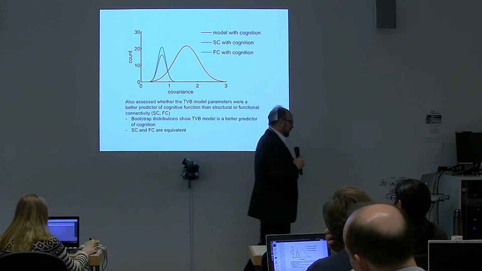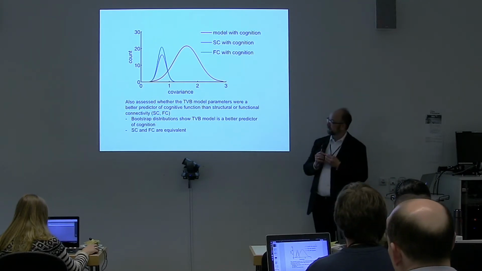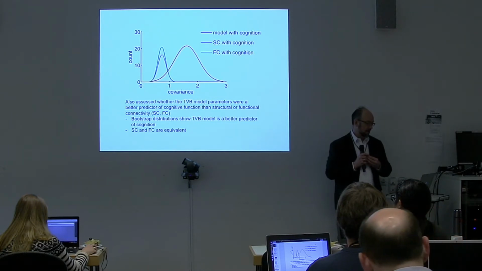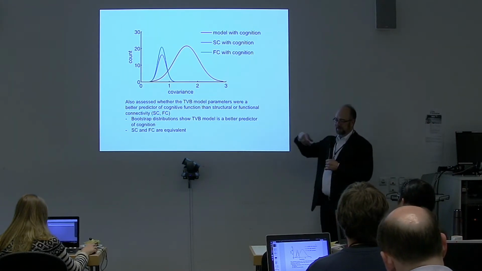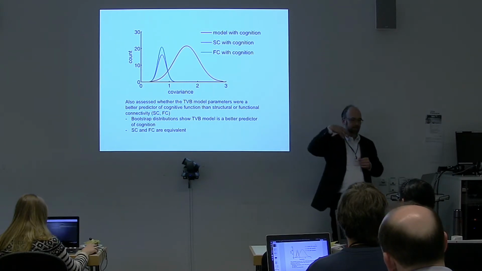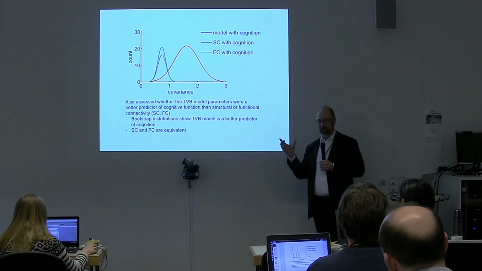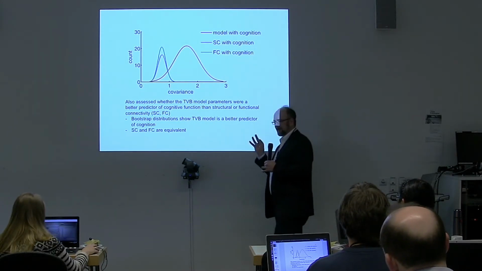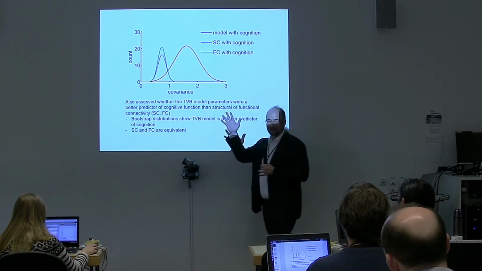So you can do the covariance of structural connectivity, or SC, with cognition, the functional connectivity, FC, with cognition, and then the model with cognition. And do bootstrapping, which is basically resampling the full sample with replacement. It tells you how robust the estimate is, but you can also compare distributions to see whether the confidence intervals around the parameter estimates overlap. So I'm showing you the whole thing here.